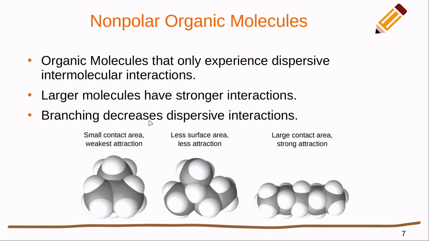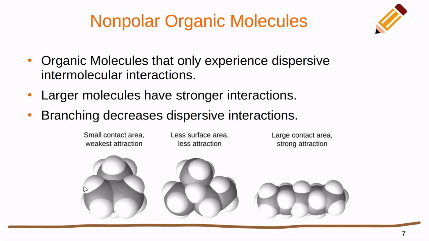And the branching is going to decrease the dispersive interactions. Here we have an example where we have the exact same molecule in the sense that it is what we call a constitutional isomer. It has the same number of carbon and hydrogen atoms, but they're connected differently.